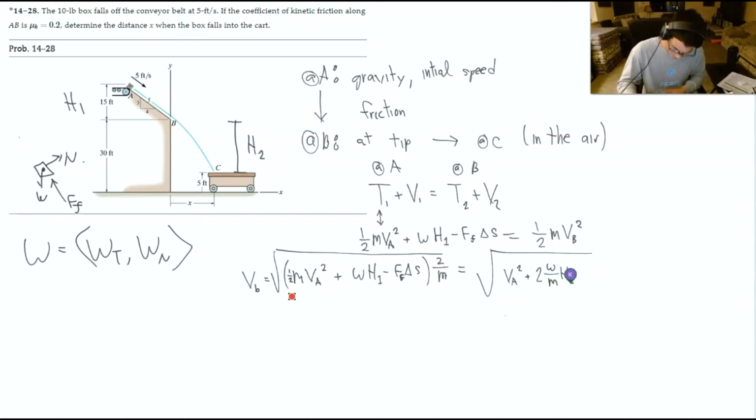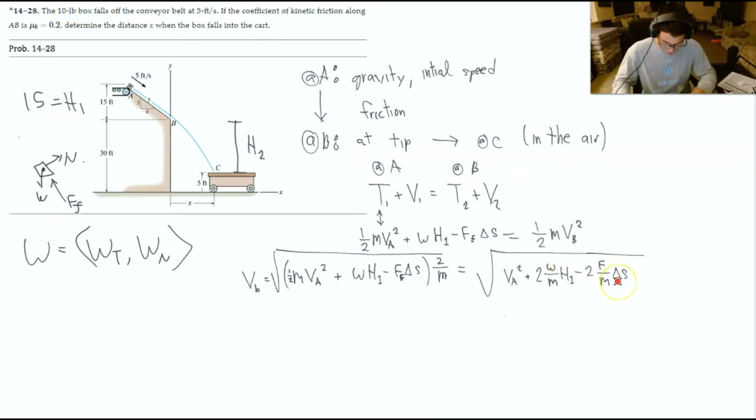And then this would be minus 2f divided by m, change in s. Okay. So I'm going to find all these components. Now real quick, we already know that H1 is equal to 15. And then we know that our weight is 10.